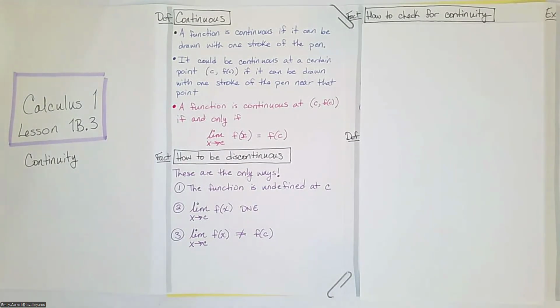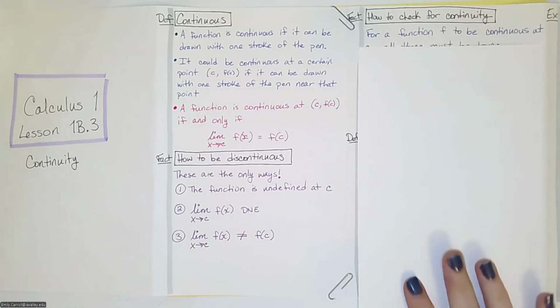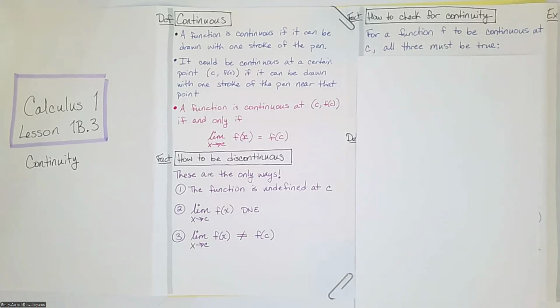So here's how to check to see if a function is continuous. For a function f to be continuous at c, all three of these must be true. So we're going to zoom in on a particular point, c, and ask, are we continuous at this point?